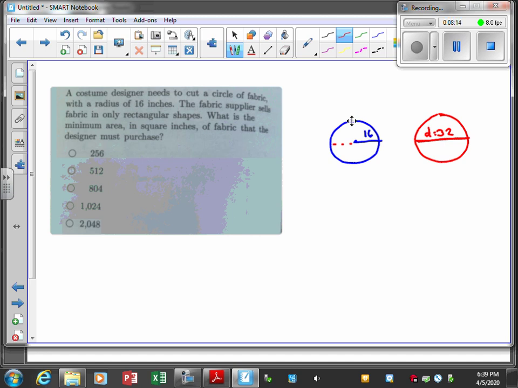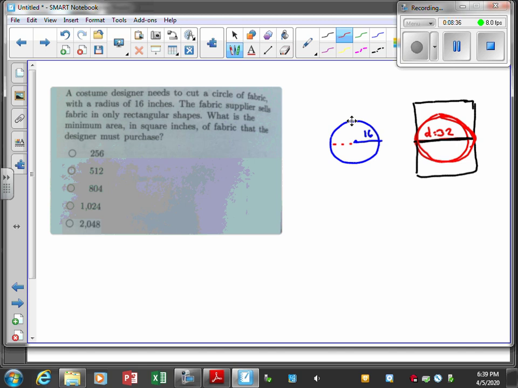Okay, well, she only sells things in squares. Well, if it's a square, which is a perfect square, pretend that's perfect. It's all sides the same, right? So how far do we need it to be across? 32. My circle does not fit in my square very well, but we can pretend that my drawing's good, right?